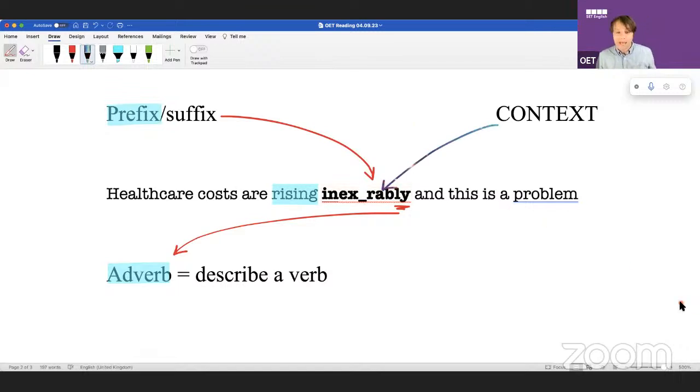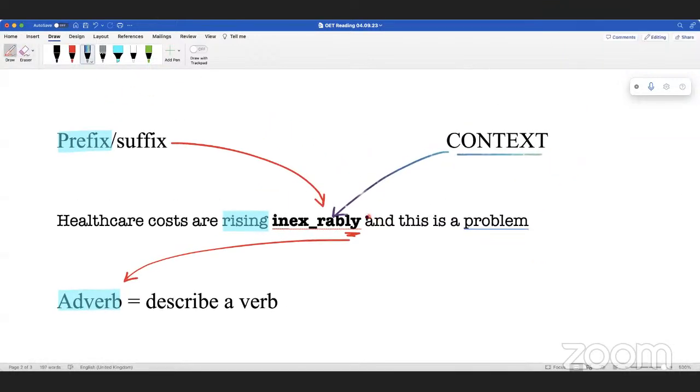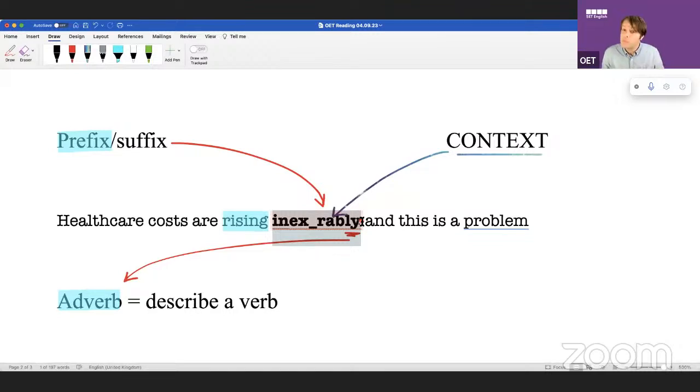Now, the best way to think about the context meaning, and does anyone know this, Mariam, Mohammed? What's the best way to begin? What do I always say? So we think that the word there should be negative.